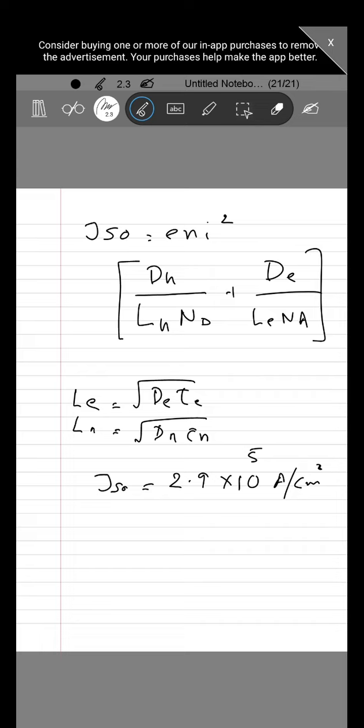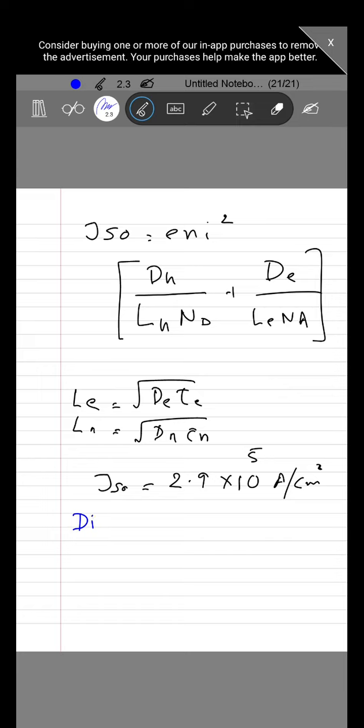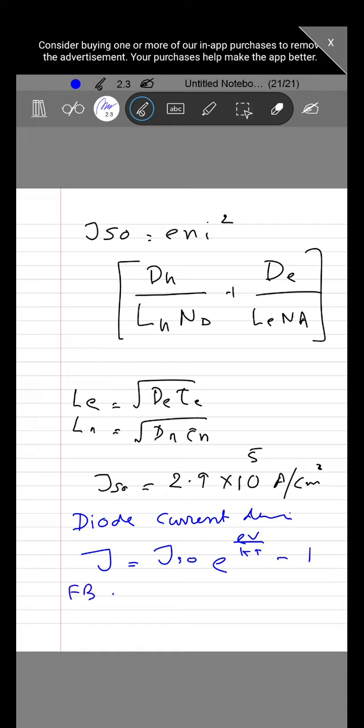So if somebody tells you to find out the diode current density, considering the same conditions, J is simply JSO into exponential EV by KT minus 1, and we have been given that the forward bias is 0.3 volts.